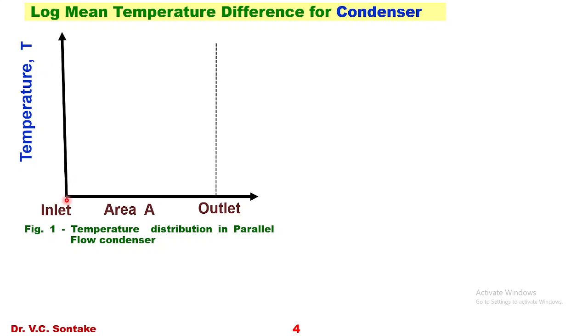Let this point represents inlet of the heat exchanger and this vertical line represents outlet of the heat exchanger. In case of condenser, hot fluid will be condensing fluid. Let's say its initial temperature, that is inlet temperature, is Thi, and cold fluid at inlet temperature Tci.